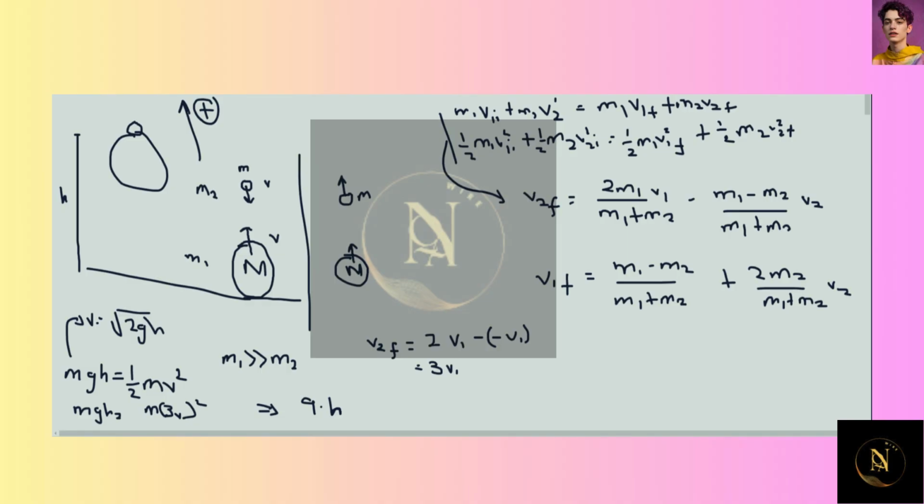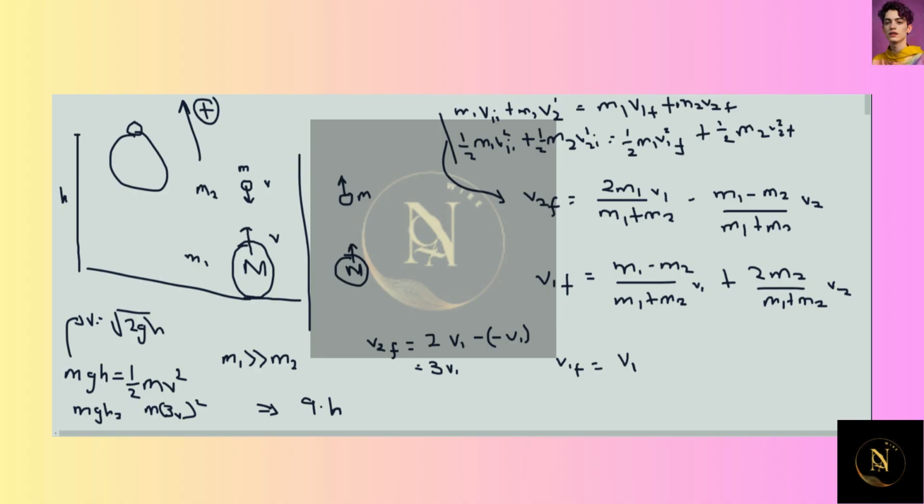So you can also go back here and try to calculate what v1 final is going to be. And you will see that since m1 is much greater, this just becomes m1 over m1 times v1, which is just v1.